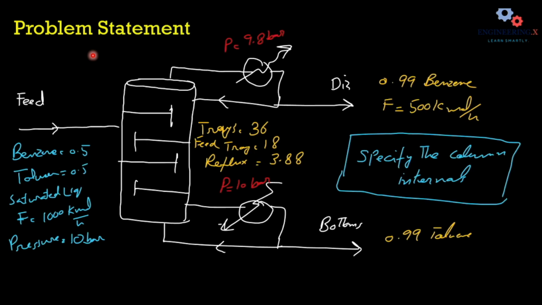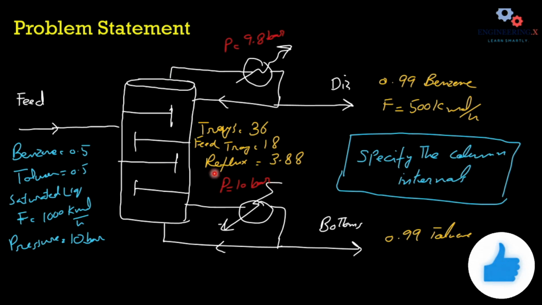Today I am going to solve a problem related to the distillation of a benzene and toluene mixture, that is 50-50 mole percent, and the total flow rate is 100 kmol per hour at a pressure of 10 bar, and the feed is saturated liquid going to the distillation column that has 36 trays, and the optimum feed tray number is 18 from top, and the reflux ratio is 3.88.